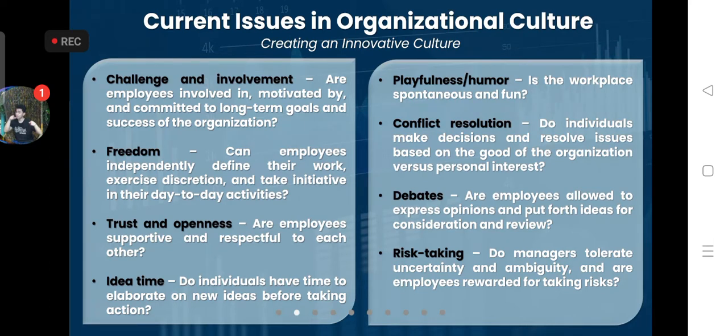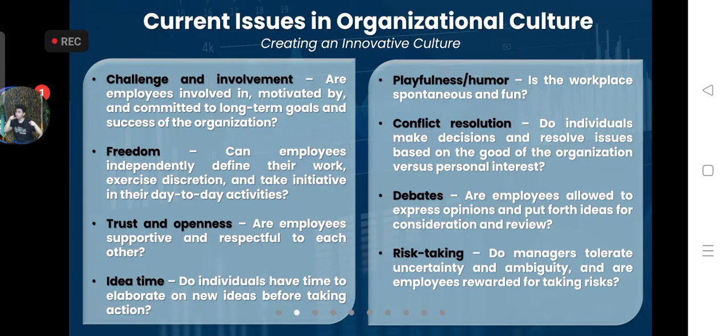As a manager, for example, you should have team building to enhance your employees' socialization. Let's move on to conflict resolution. Do individuals make decisions and resolve issues based on the good of the organization versus personal interest?